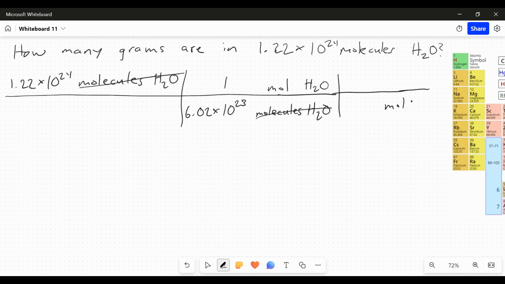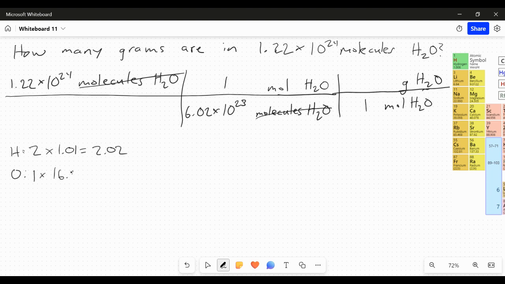Carry over my units, put that at the bottom. At the top, I'm going to put grams of water. 1 mole is equal to the molar mass of water, so let's check. H2O, there's 2 hydrogens, there's 1 oxygen, hydrogen is 1.01, which means it's 2.02.